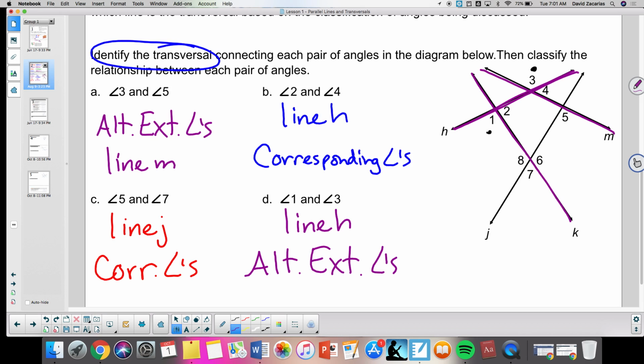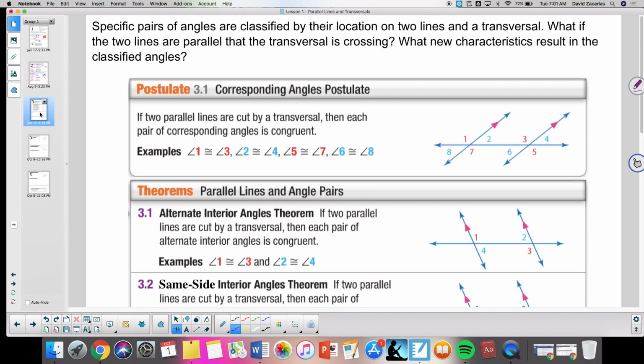Okay? All right, now, what happens when those two lines that the transversal is crossing are parallel? So that's where we're at now. What happens when they're parallel? So we have here our conditional statement, if, then, right? If two parallel lines are cut by a transversal, and again, keyword there, parallel, then each pair of corresponding angles are congruent.